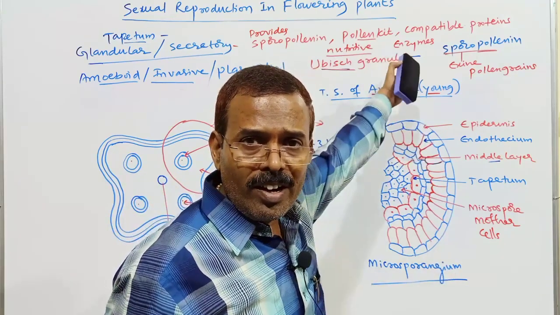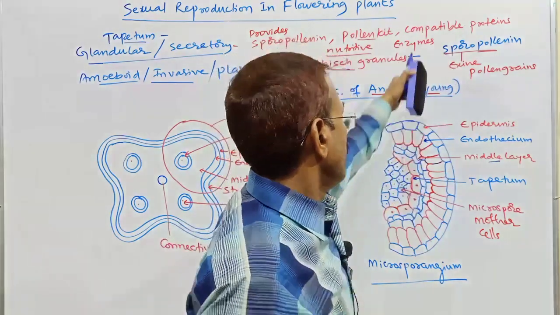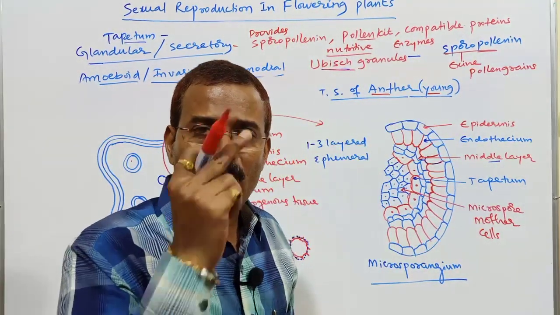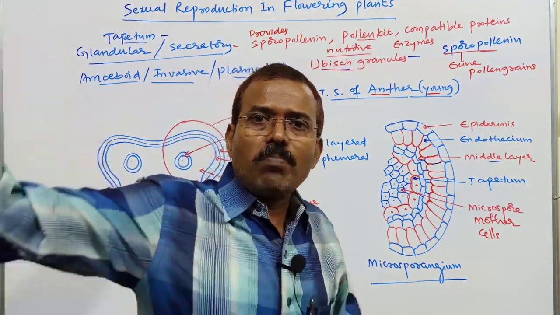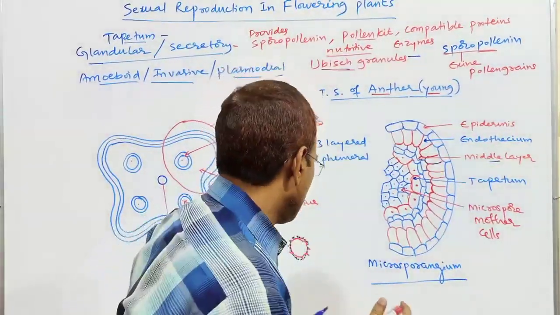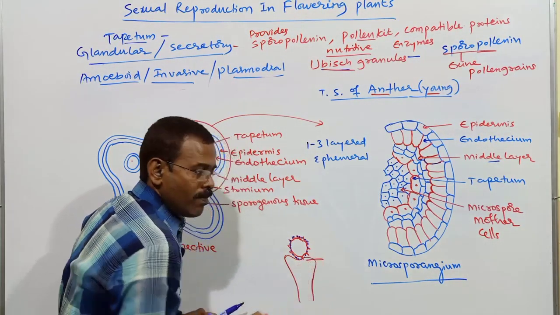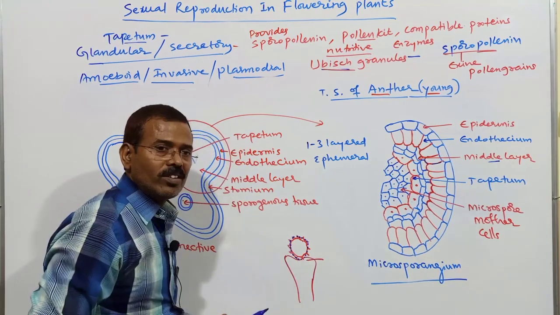Then secretory tapetum is going to provide compatible proteins. These compatible proteins play a very important role. When the pollen grain reaches the stigma of a flower after pollination, this is the stigmatic surface and the pollen grain has reached the stigma.